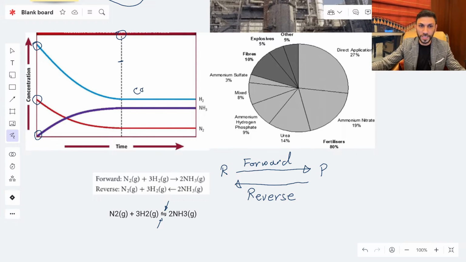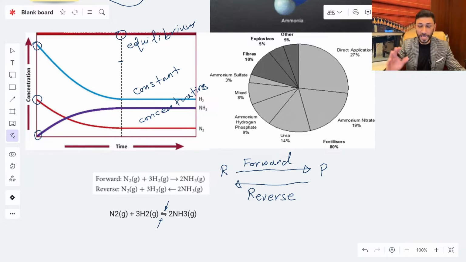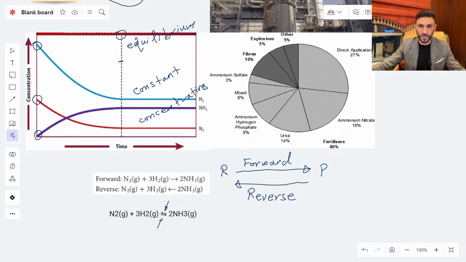Here we have constant concentrations. And here where is the equilibrium? So at equilibrium, the concentrations of the reactants and the products are constant.